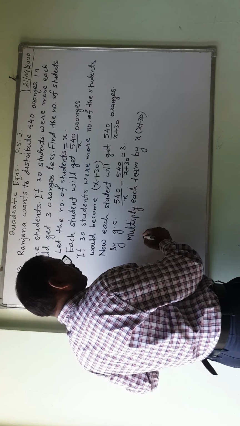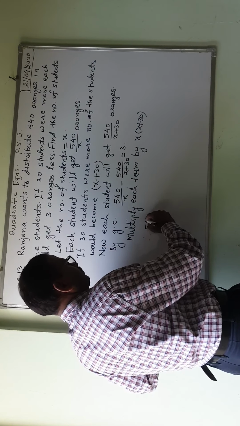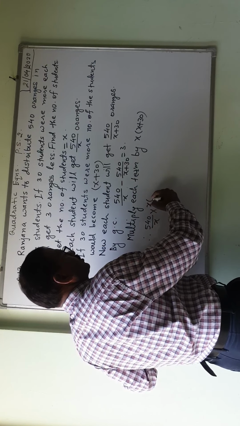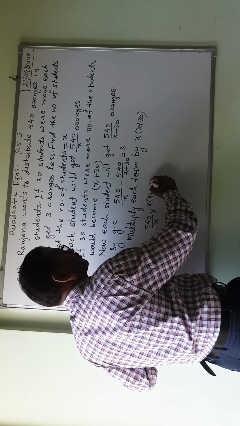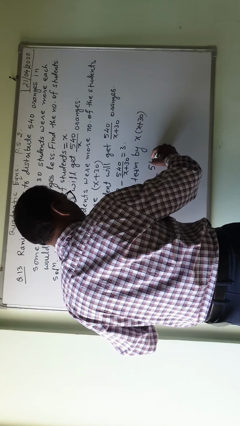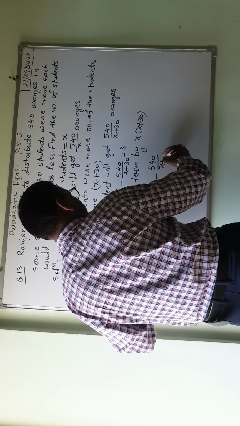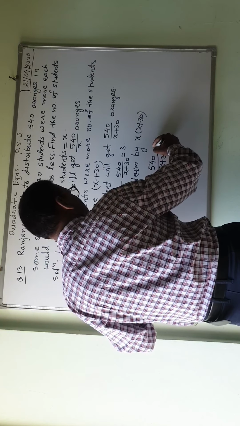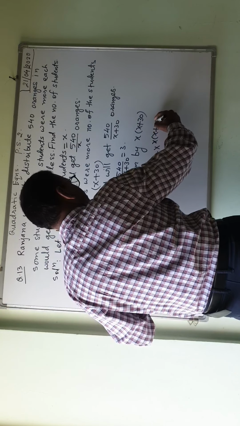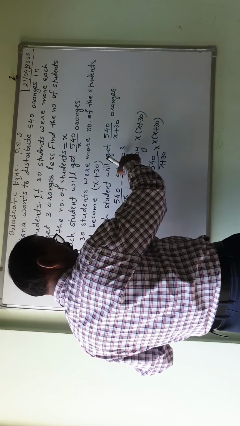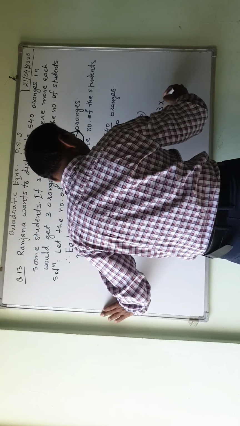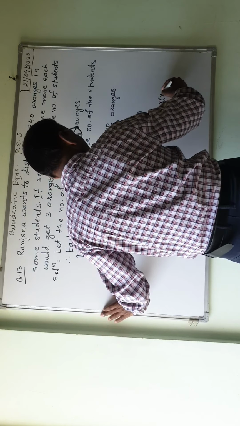Therefore, 540 upon x into x plus 30, minus 540 upon x plus 30, this also I will multiply by x into x plus 30. Now this is equal to, and this also I have to multiply by the same, x into x plus 30.